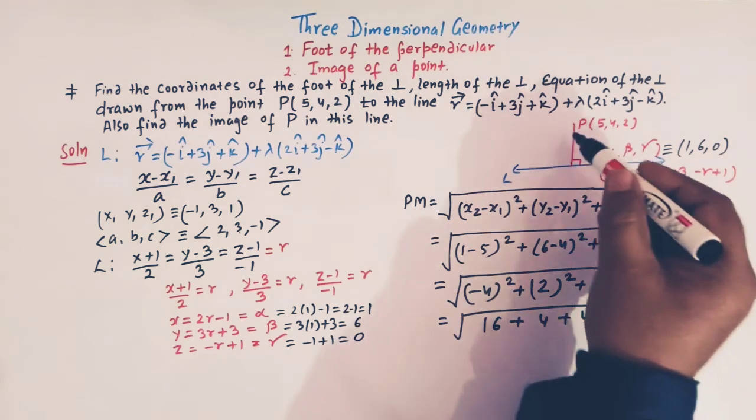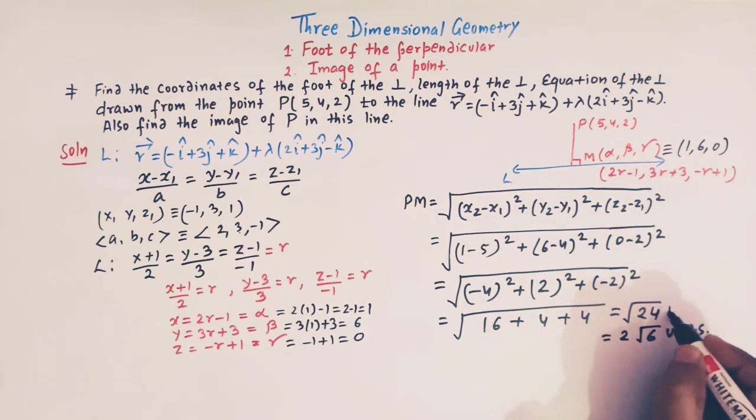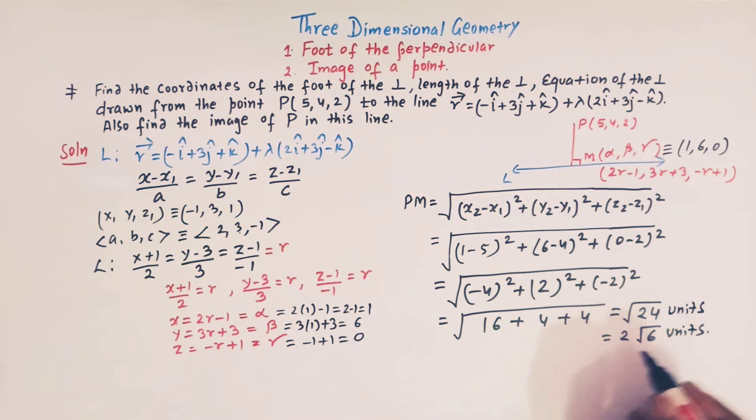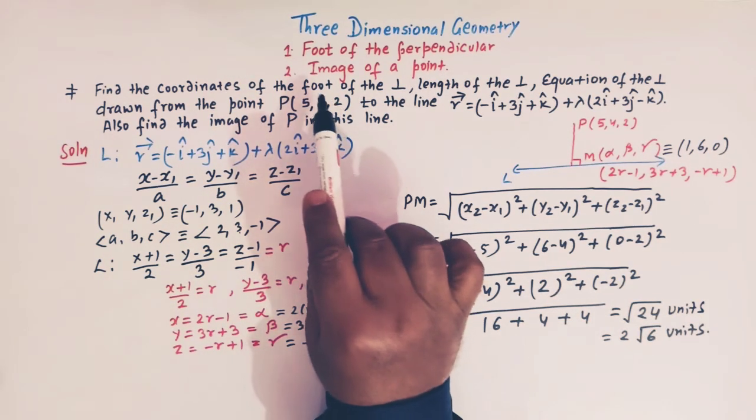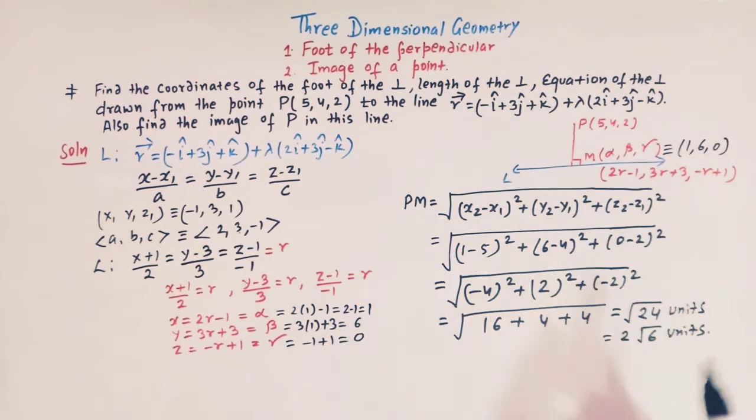So the distance PM is equal to square root of 24 units, or 2 times square root of 6 units. So now we have obtained the foot of the perpendicular, which is 1 6 0, and the length of the perpendicular is 2 root 6 units.